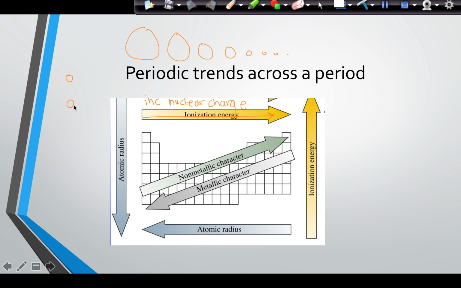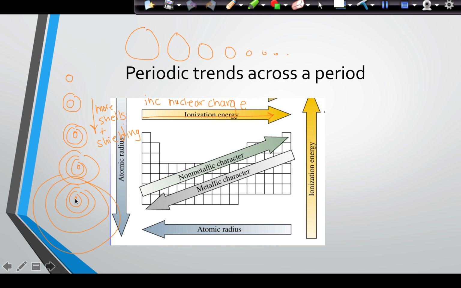Atomic radius, however, when you go down a group, increases because of this increasing number of shells. We also have more shielding.